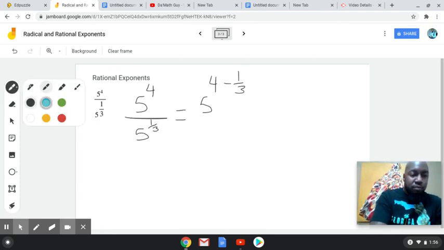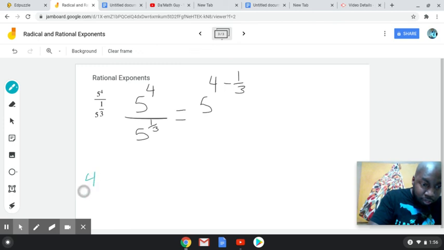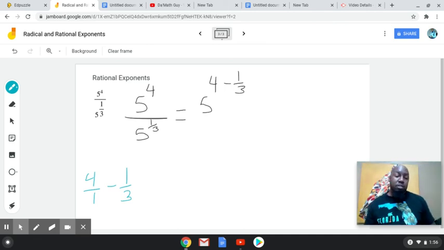Well, first thing that we should know is that we have to make that whole number a fraction by putting a 1 under it, okay? And this is minus 1/3. Now the question is, what is the common multiple between 1 and 3? Hopefully you get it real quick because it's just that easy, but most students do struggle with this. So if you do, it's fine, okay?